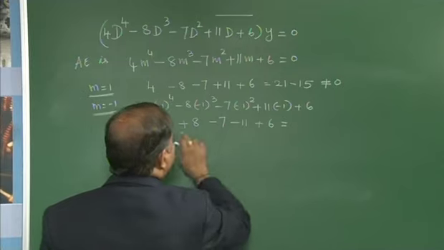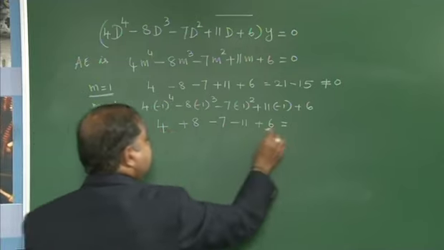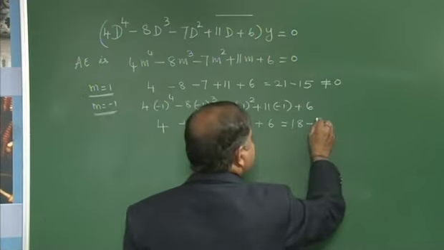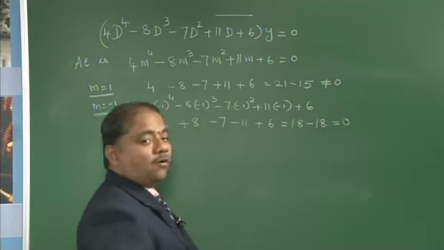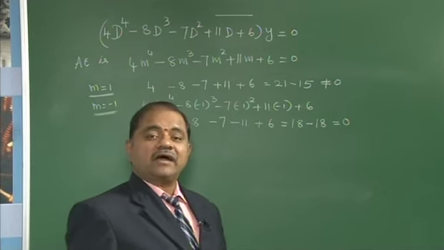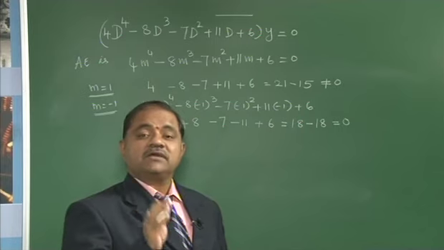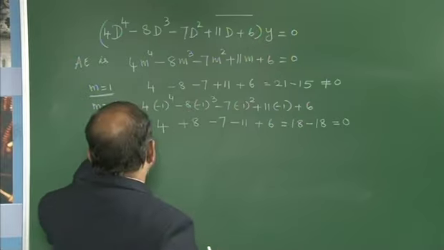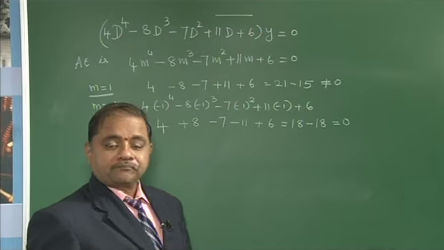Now, adding the positive values, 6 plus 4 is 10, plus 8 is 18, and minus 11 and 7 is also 18. So, I got the answer 0. If the equation is satisfied, that means I got the answer as 0, then I can say that particular value of m is a root of that equation. So, m equal to minus 1 is a root of the given equation.